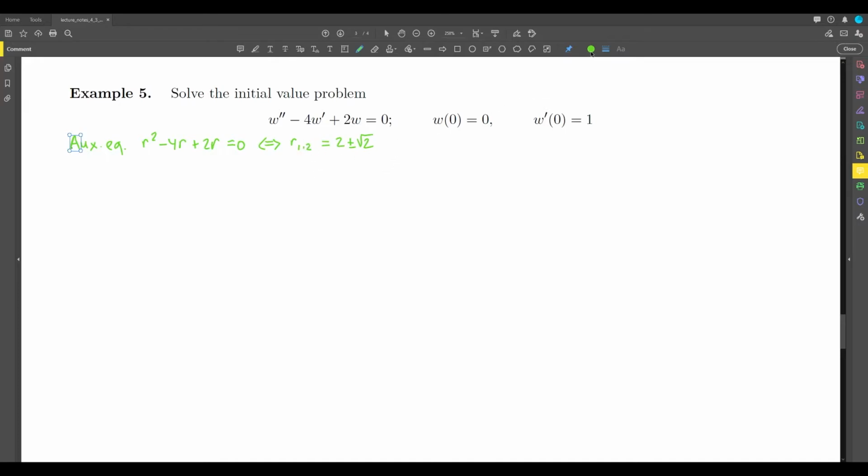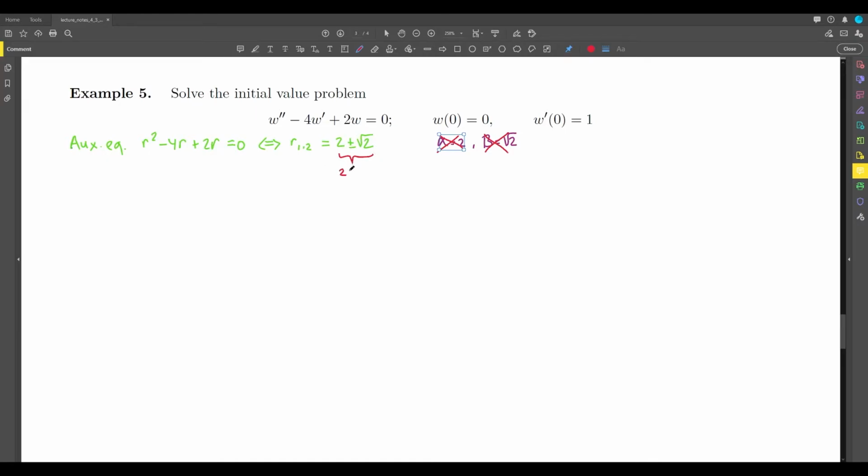Now, at this point, you might be tempted to say that alpha equals 2 and beta equals square root of 2. However, that is incorrect. And the reason is that 2 plus or minus the square root of 2 does not have an i.